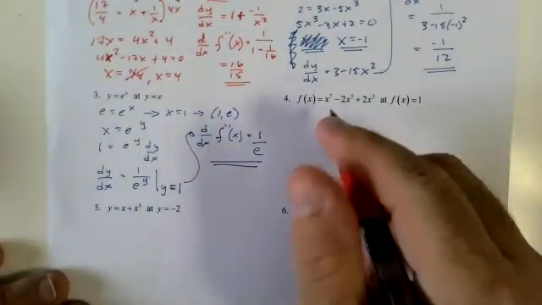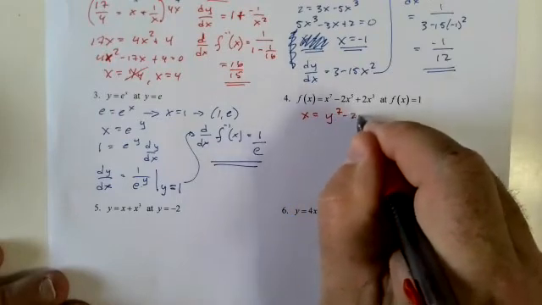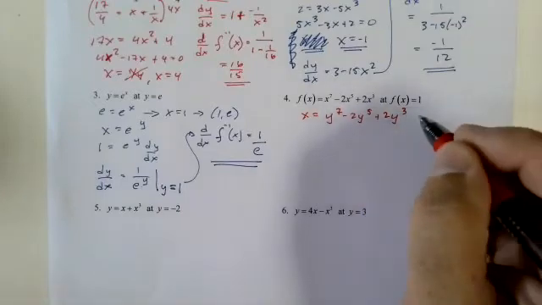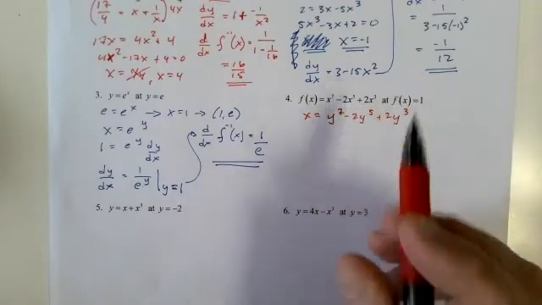Let's do it again the other way. X equals y to the 7th minus 2y to the 5th plus 2y to the 3rd. I never did figure out what's going on here. 1 minus 2 plus 2 works.